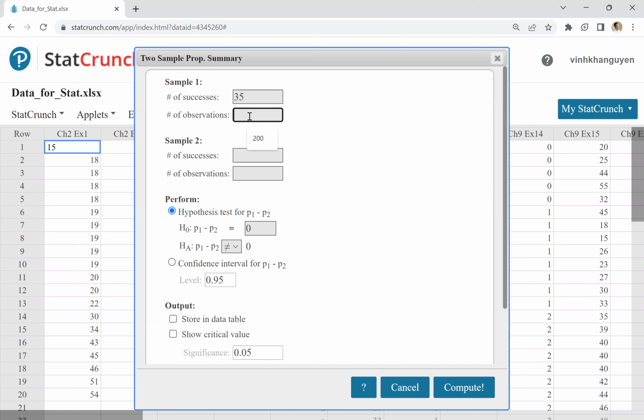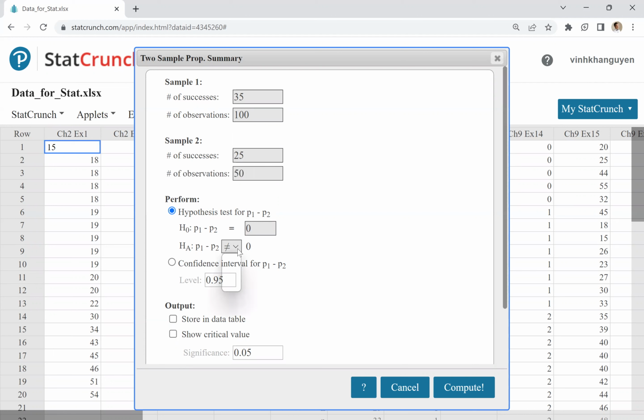Observations is the number of females, 100. Sample 2 is the number of males in the random sample. That's 50, which is the number of observations. Successes is the number of males who got scammed out of those 50. That's 25.